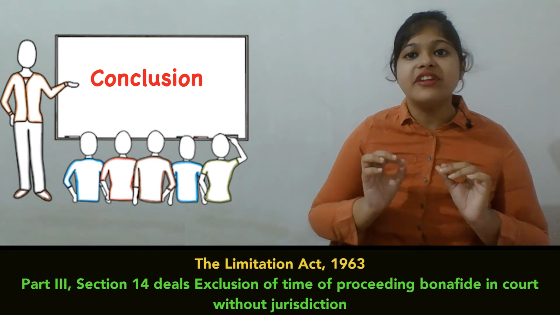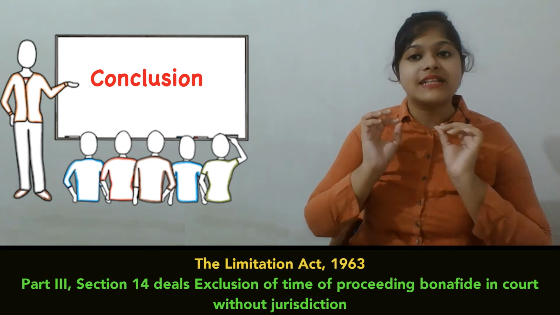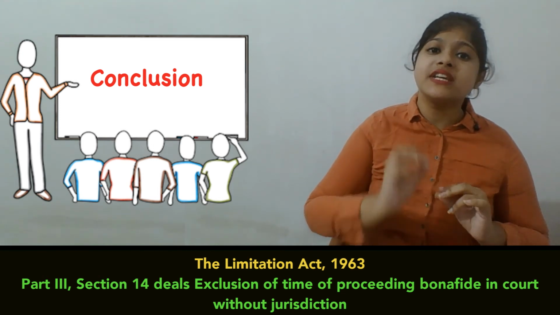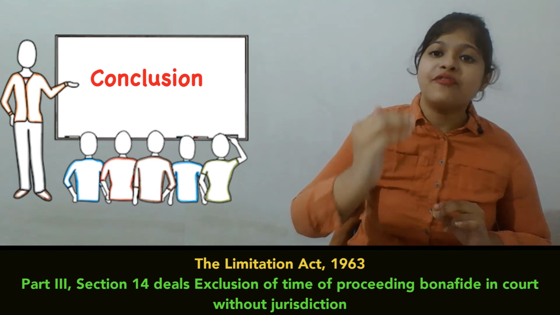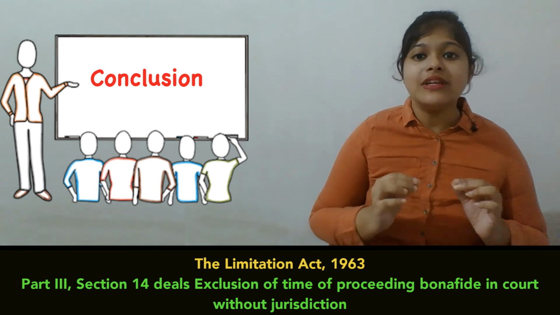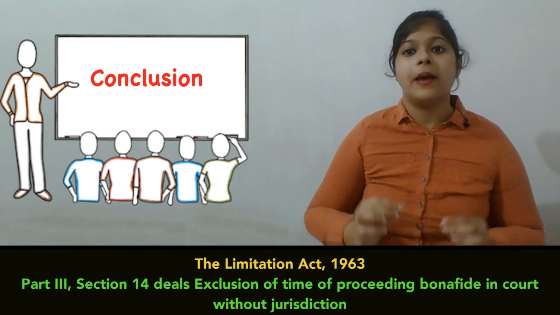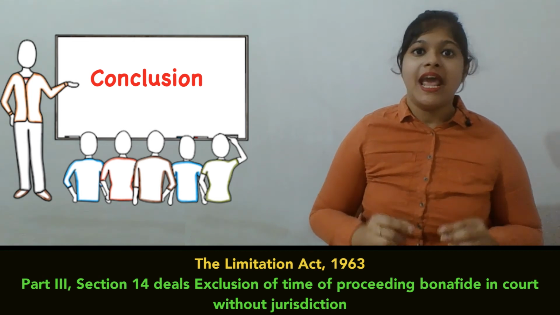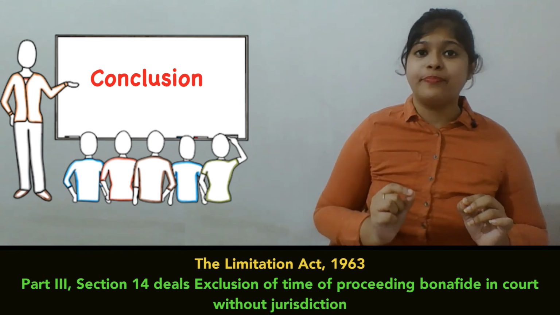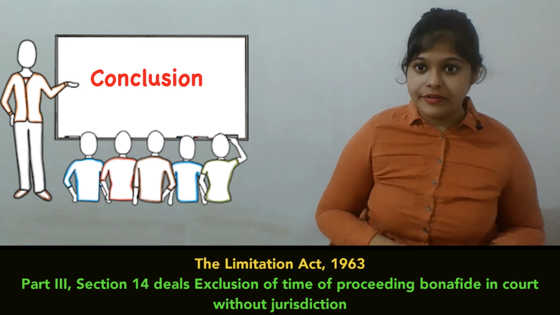The primary requirement of seeking the exclusion under Section 14 is that the matter was prosecuted before a court suffering from a defect of jurisdiction. Due diligence in good faith must be established, and it is a very important ingredient, and the onus of proof is on the plaintiff.